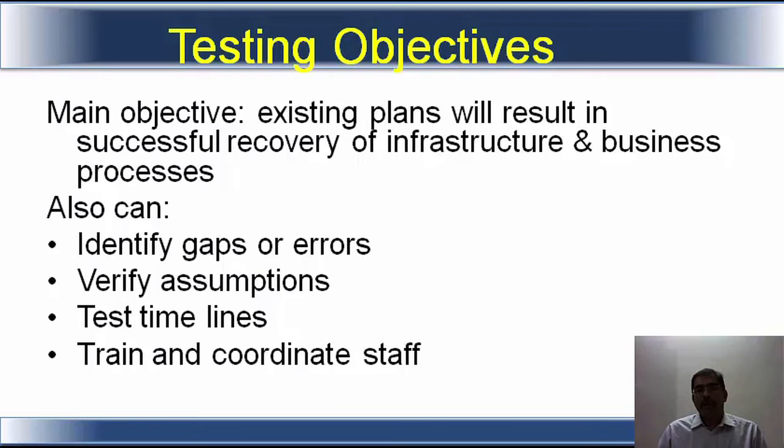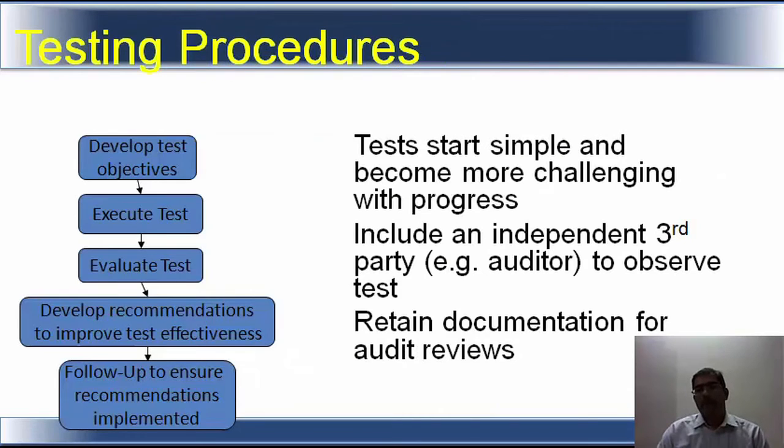Then you also get to train and coordinate staff. So during testing procedures, your test starts in a simple way and becomes more challenging with progress. It's always better to include an independent third party to observe the test. It could be an auditor, your information security auditor, and retain the documents for documentation review, for audit reviews.